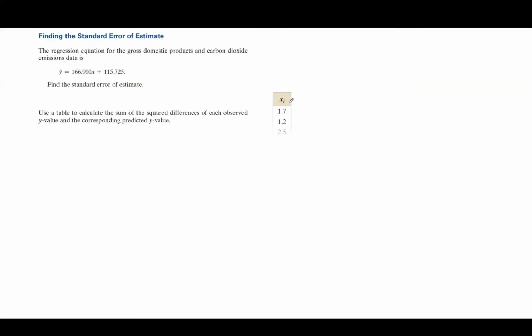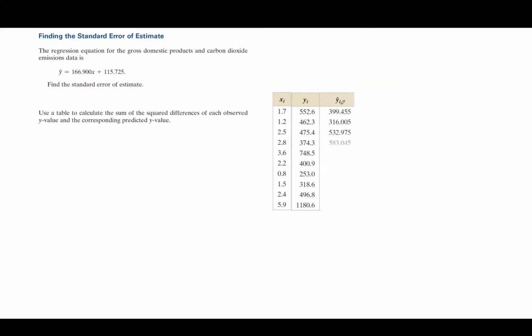We need each xi. We need our yi. These are what we collected before. There are no computations for these two columns, but for the next column, we need to calculate yi hat. So what are you going to do?